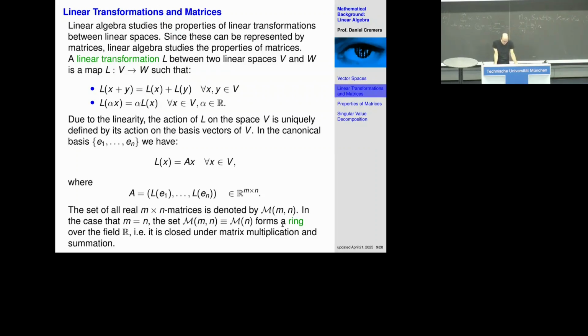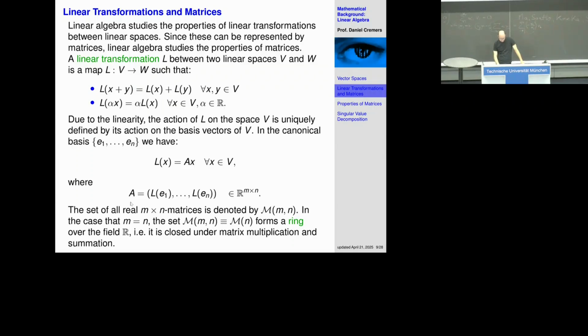That is why matrix multiplication and matrix computation is so useful, because any linear transformation can be written by a matrix. That's what this basically states. And so the space of linear transformations is nothing but the space of matrices.